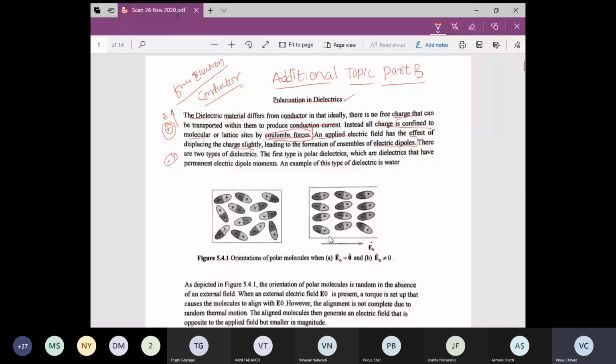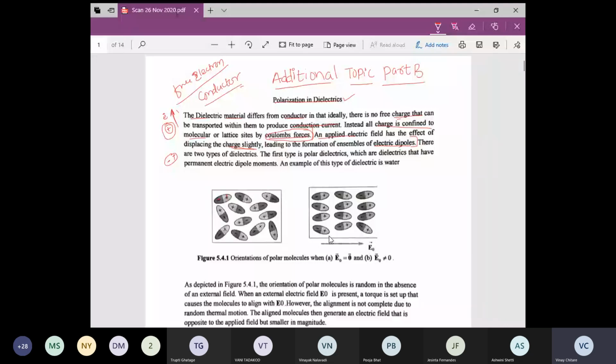There is a small displacement because of the applied electric field. So that's what we are saying: an applied electric field has the effect of displacing the charges slightly, leading to the formation of an assembly of electric dipoles.